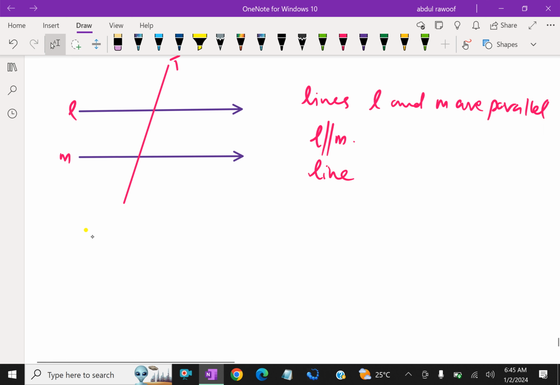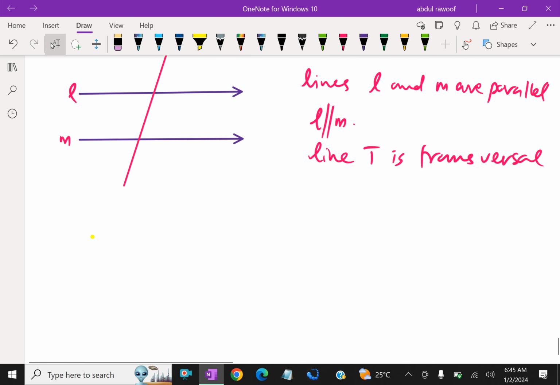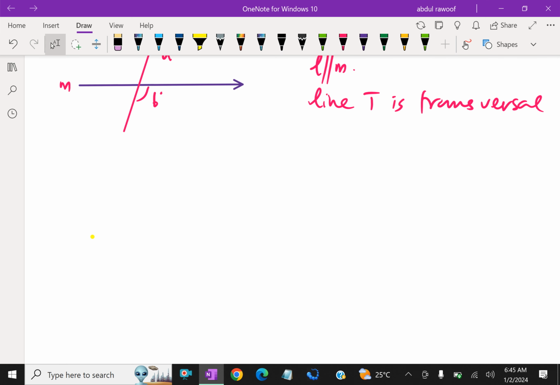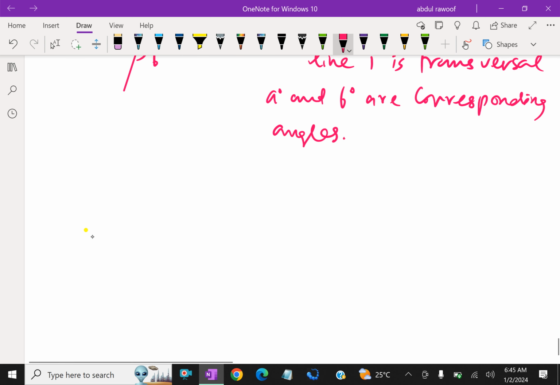Line T is a transversal. Then look at here. Suppose this angle A and angle B are called corresponding angles. Angle A and angle B are corresponding angles and those are equal.